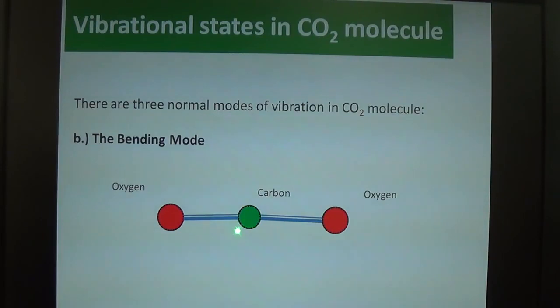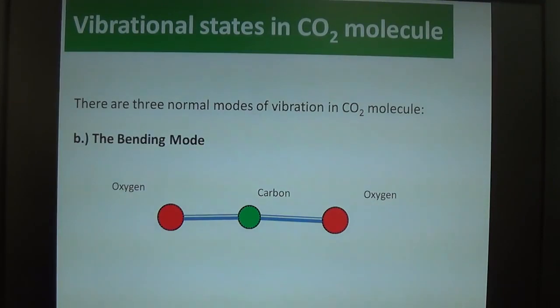The carbon atom can go up and these two oxygen atoms go downward, or this green carbon atom comes downward and these two go upward. So this is the situation. You can see it again. Now the oxygen is coming downward.